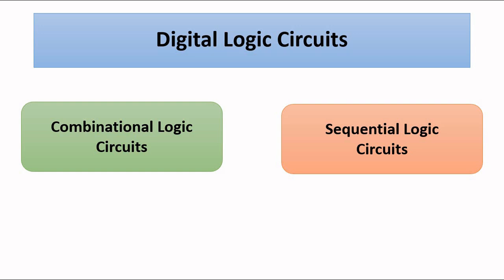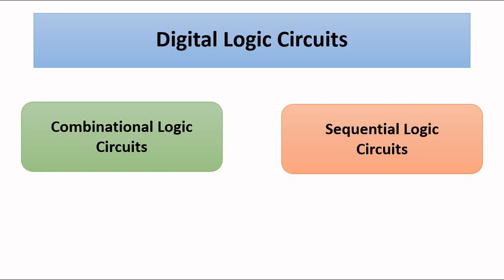This full subtractor comes under the category of combinational logic circuit. Okay, arithmetic combinational logic circuit, which is used to perform arithmetic operations. There are two categories, combinational and sequential logic circuits.